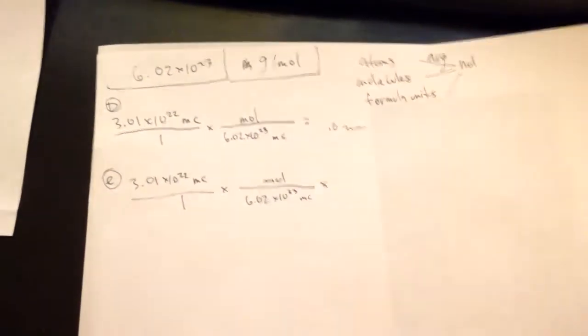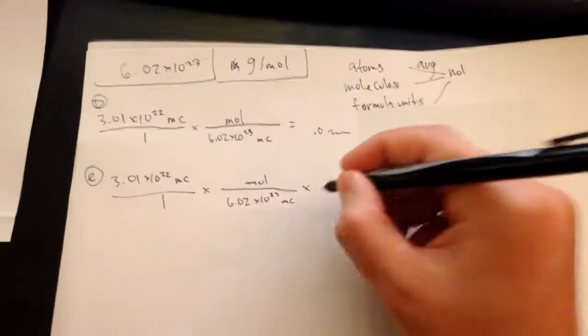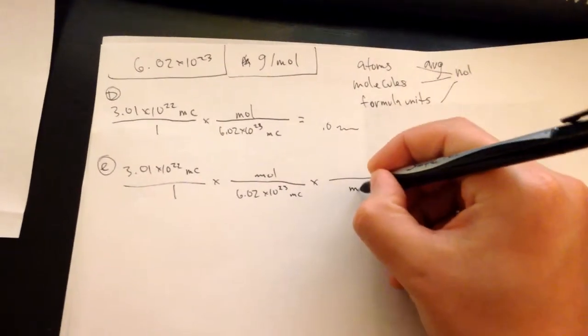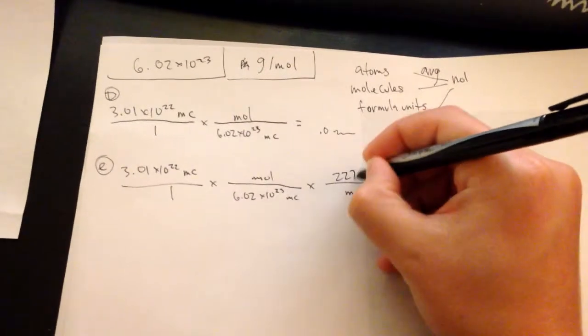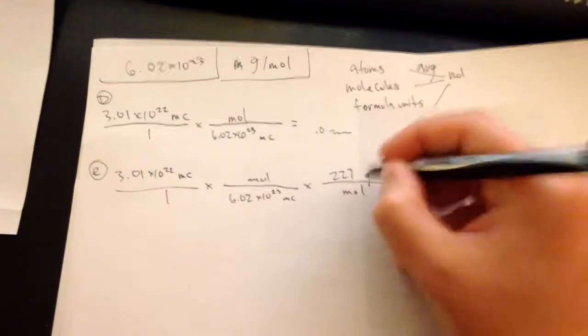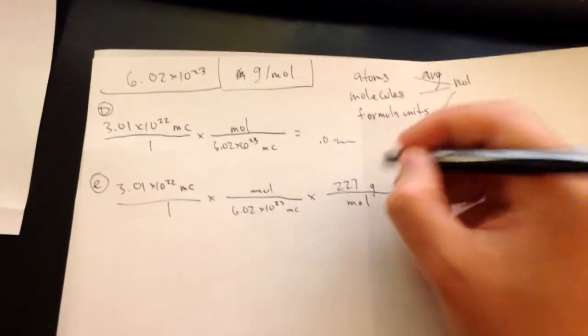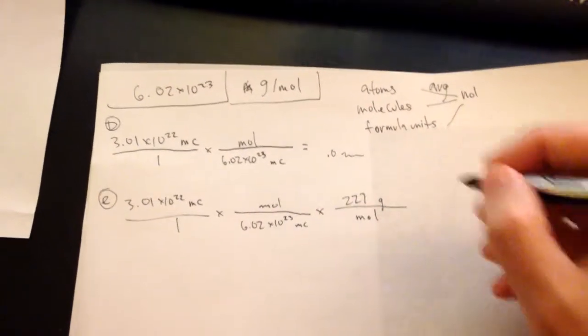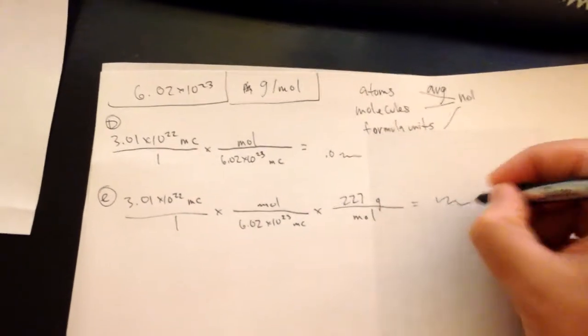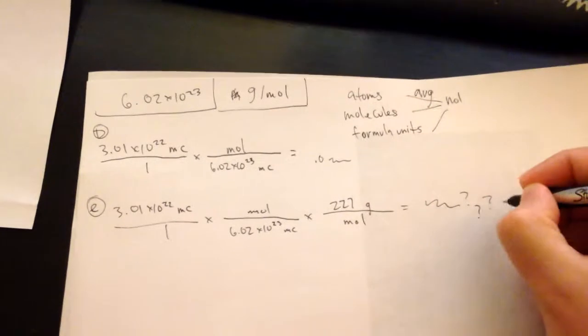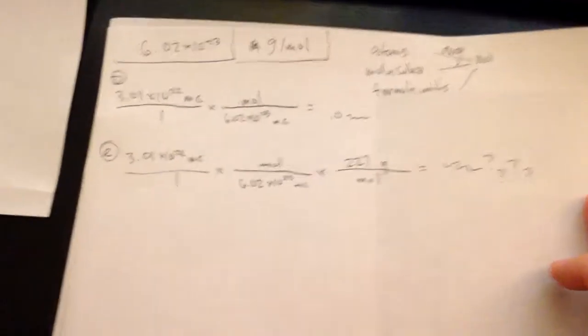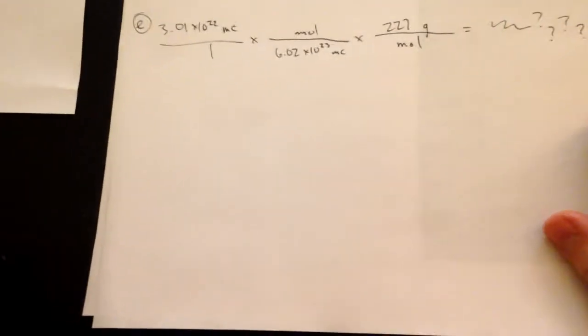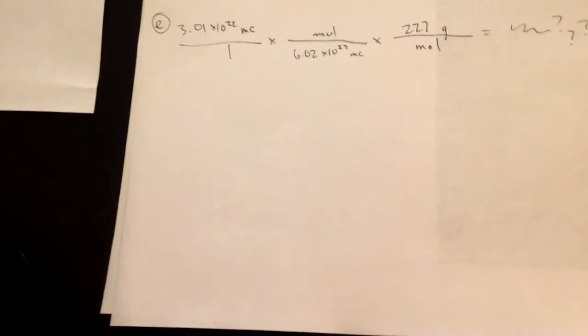And then you can go to grams because you have the molar mass. So you've got 227 grams per mole. Remember, you figured this out earlier. And this comes out to some number. So that's pretty much how it is.